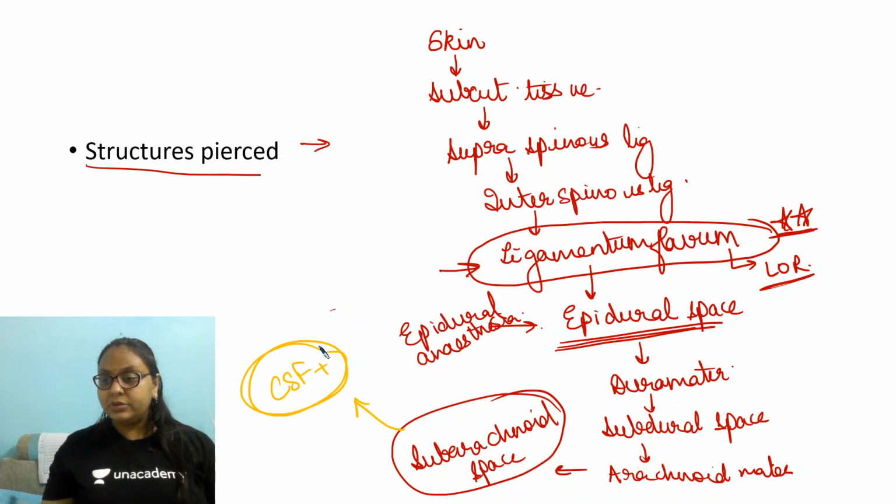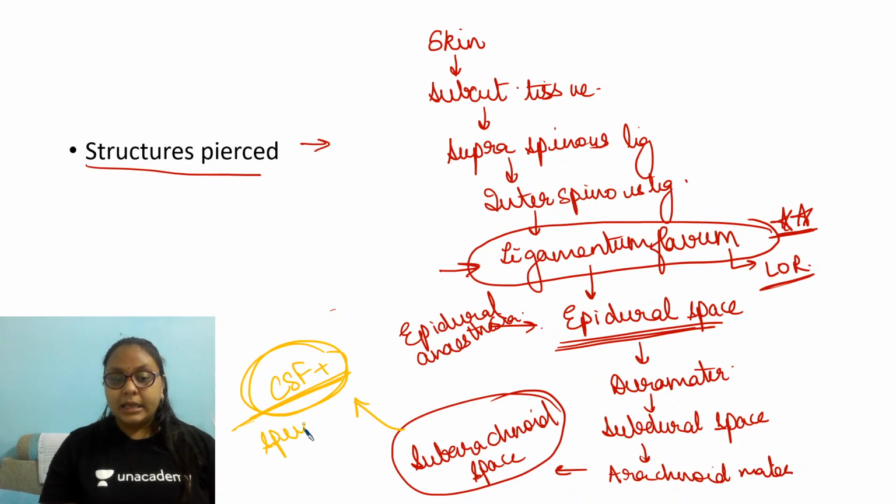The spinal nerve roots are floating. So if I am giving my local anesthetic into the CSF, that is, in the subarachnoid space, then it is known as spinal anesthesia.